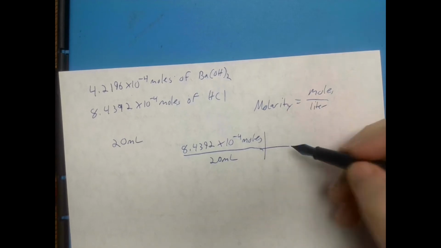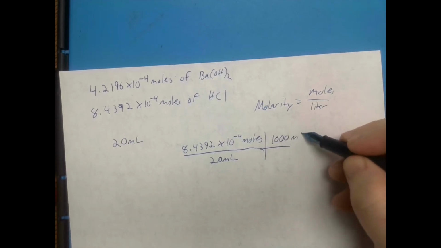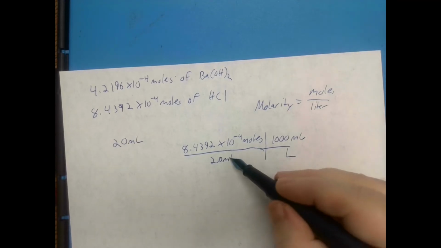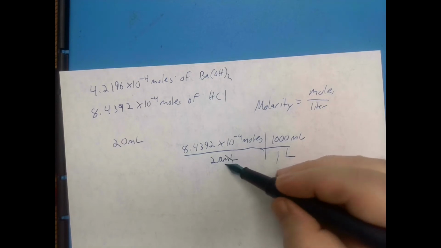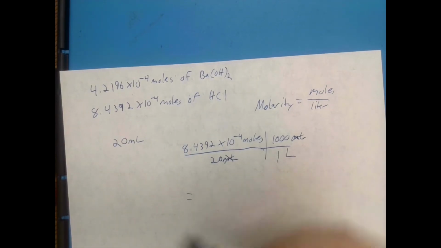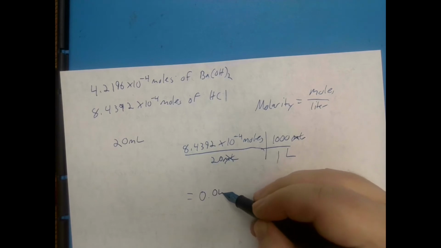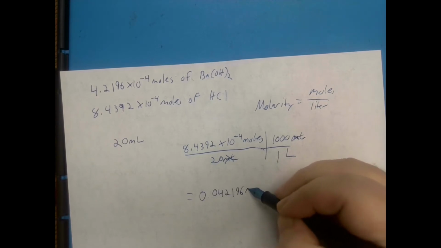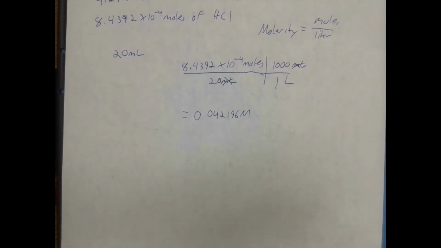And I need to convert this into liters. So 1,000 milliliters is equal to 1 liter. So the concentration of the acid has to be 0.042196 molar. Make sense?